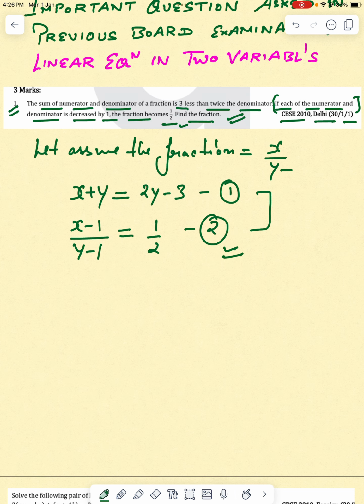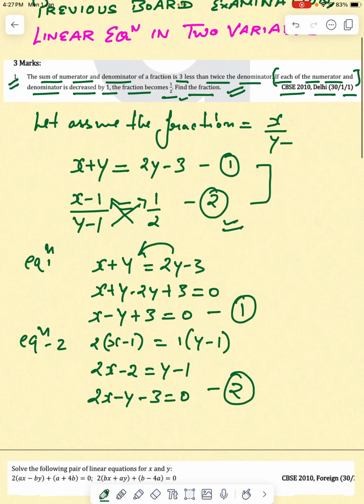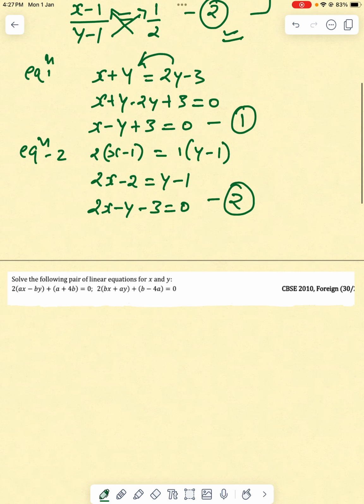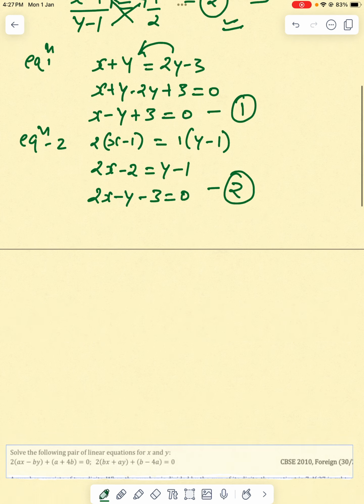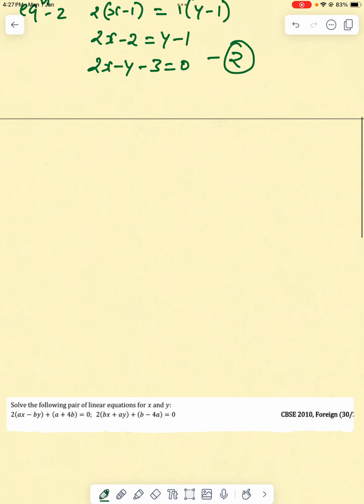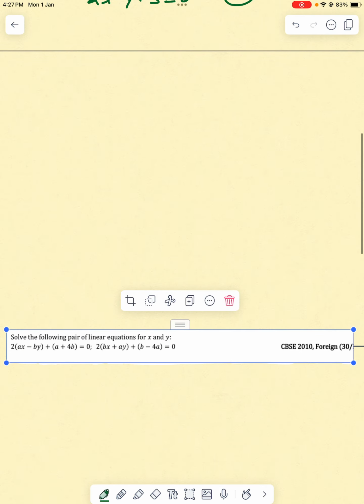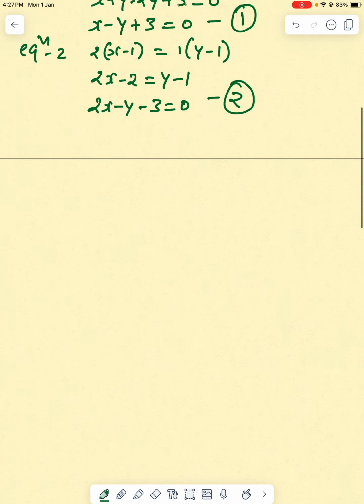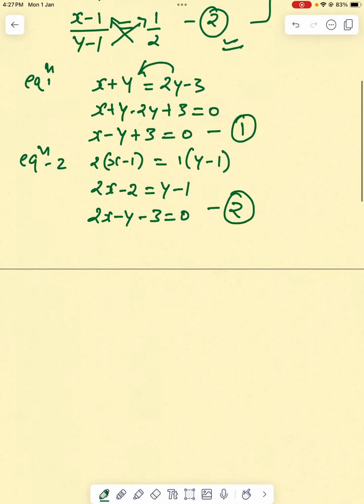So these are your first and second equations, right? Now I will take it on the downside, we need enough space.